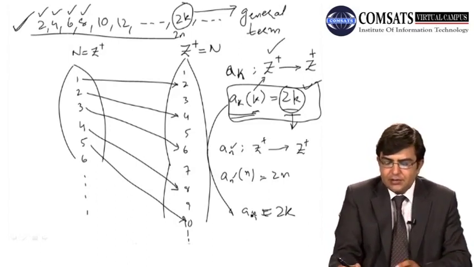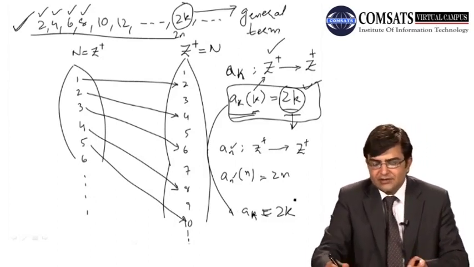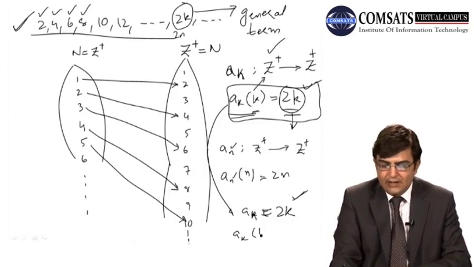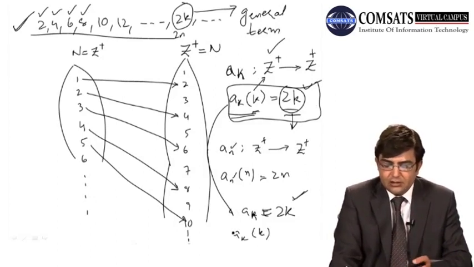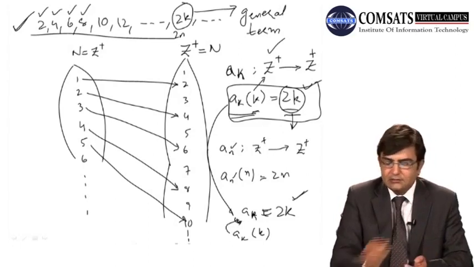There is no need to write a of k is equal to 2k, because it is obvious that it is a of k. We abbreviate it, or write it in short like this.